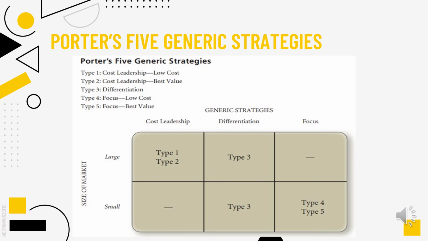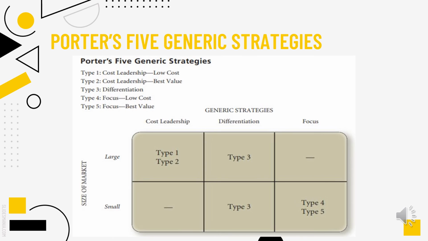Now, this illustration shows how larger firms with greater access to resources typically compete on a cost leadership and/or differentiation basis, whereas smaller firms often compete on a focus basis. Now, note that a differentiation strategy, which is the type 3, can be pursued with either a small target market or a large target market, as we can see here.